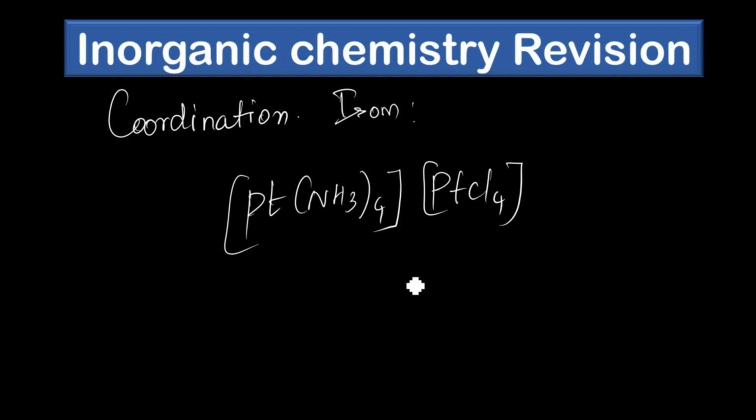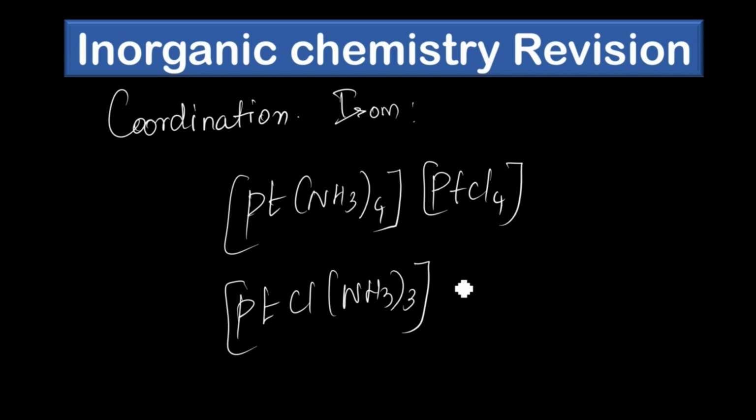This is one complex, and the other one is Pt(NH3)Cl3. As you can see, in the first example I have only the ammine ligand in one part and chlorine as the ligand separately. In the second one, it's combined. The number of ligands attached is the same, both have coordination number 4, but the ligands attached are interchanged. That's what coordination isomerism is.